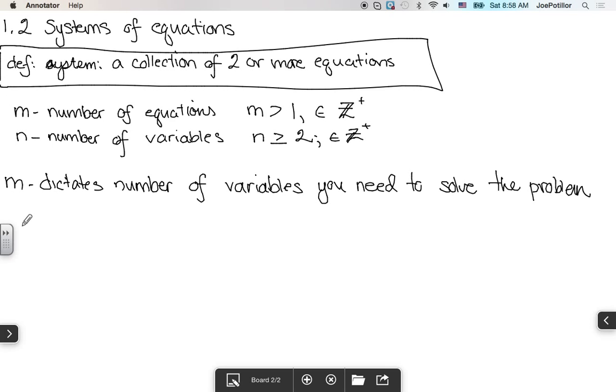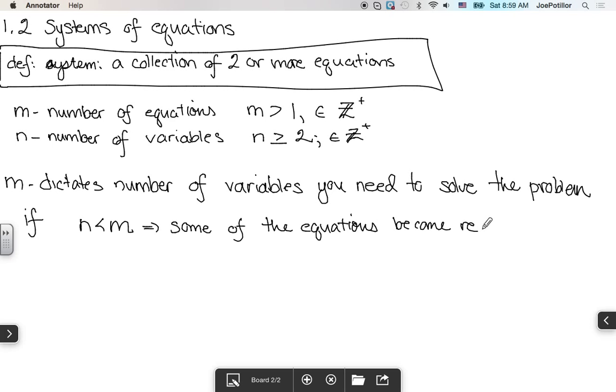And so if n is less than m, meaning the number of variables is less than the number of equations, that implies that some of the equations become redundant.